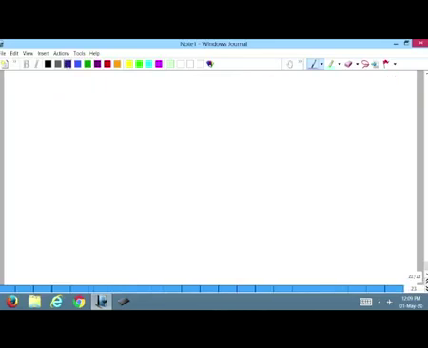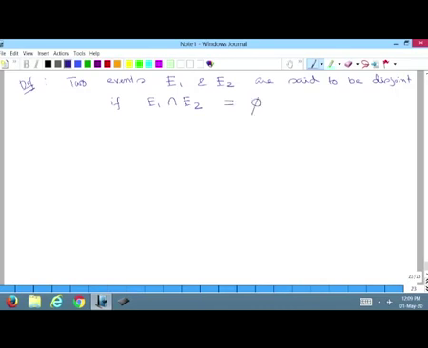Some other definitions: two events E1 and E2 are said to be disjoint if E1 intersection E2 is equal to phi or empty set.